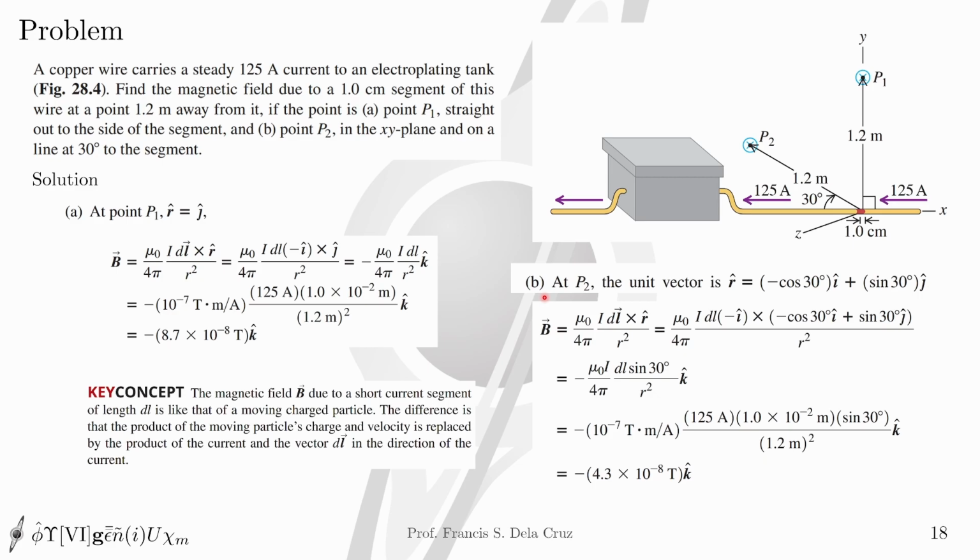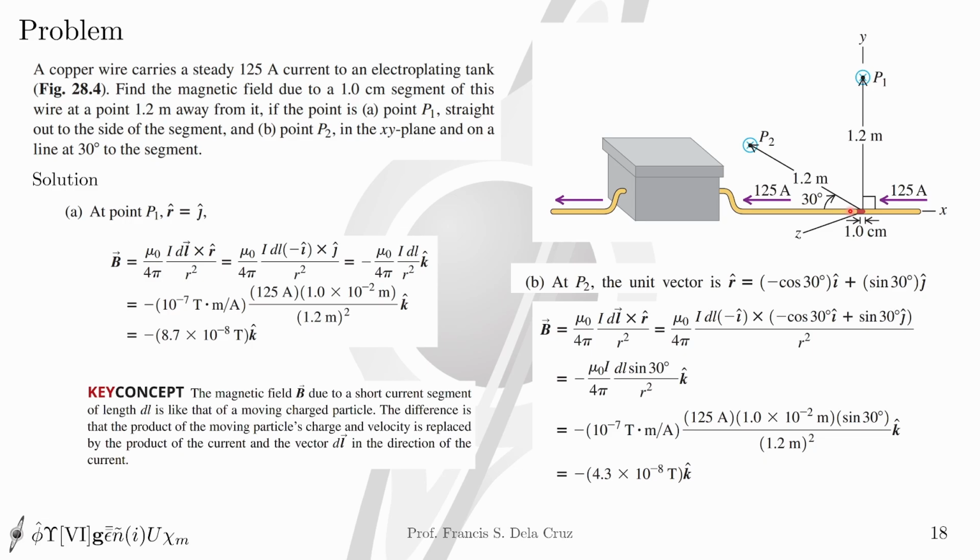And then for B at point 2, the unit vector is r hat, which is equivalent to negative cosine 30 degrees i hat plus sine 30 degrees j hat. So you just represent your r hat in terms of cosines and sines. Remember, your r hat is a unit vector.